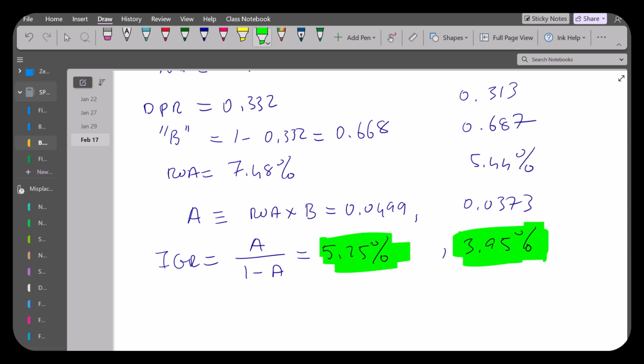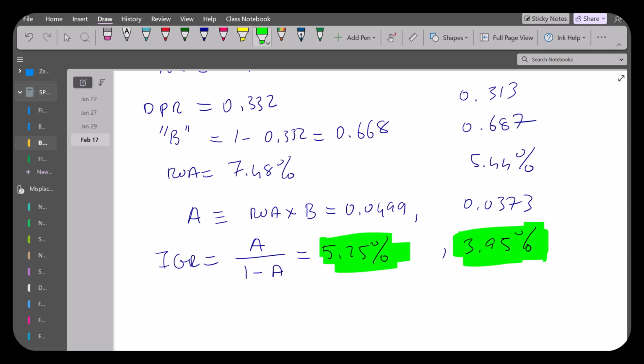Now, here's the interpretation of internal rate of growth. That is the maximum growth you can achieve provided your dividend payout ratio and return on assets stay at these levels. Obviously, if they change in the future, that's a different scenario. Without using any external resources of any kind. So you're not going to borrow more, you're not going to issue more equity.